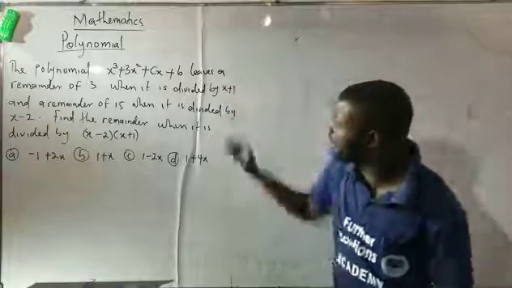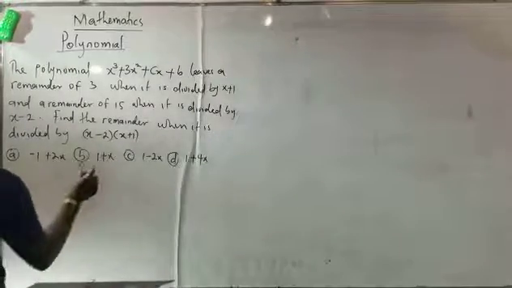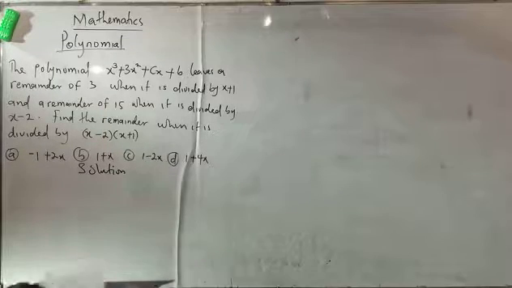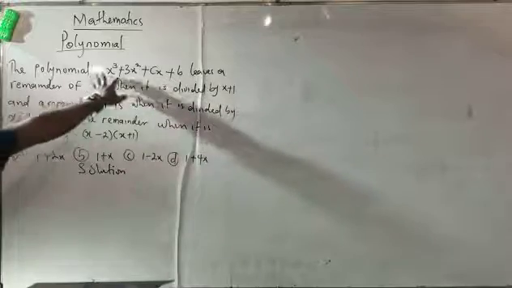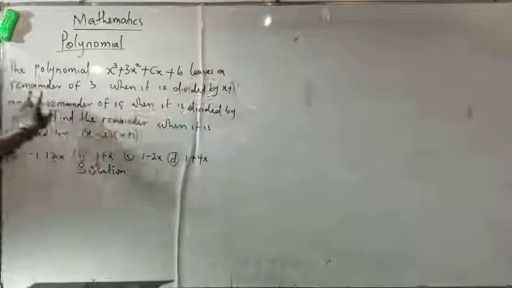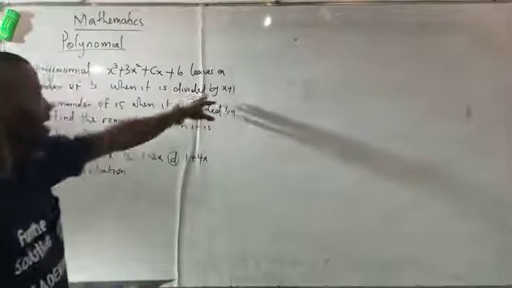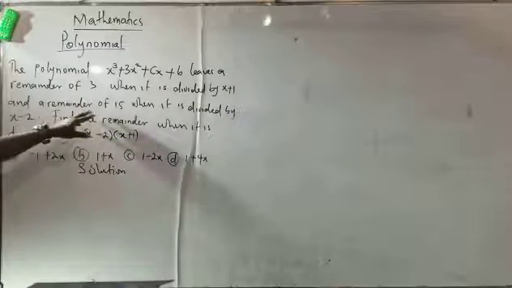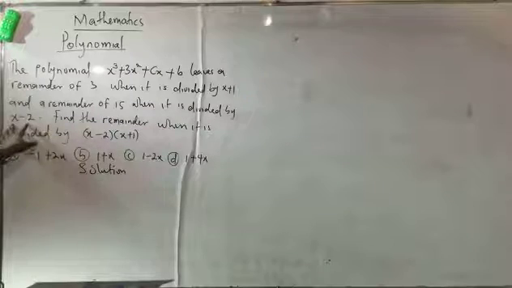I have this question posted by one of my students, and I need to see how we can be of help through Further Solution Academy. The polynomial leaves a remainder of 3 when it is divided by x plus 1, and a remainder of 15 when it is divided by x minus 2.